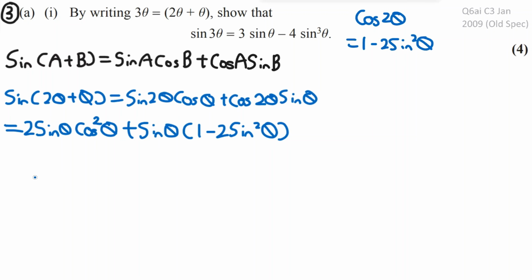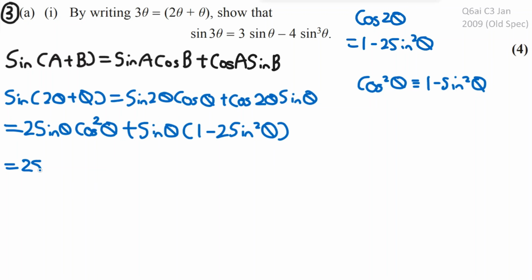Okay, so we have the cos theta here, and again we don't want any cos thetas, so it'd be nice to get rid of this, and we can do this by using the identity that cos squared theta is equivalent to 1 minus sin squared theta.